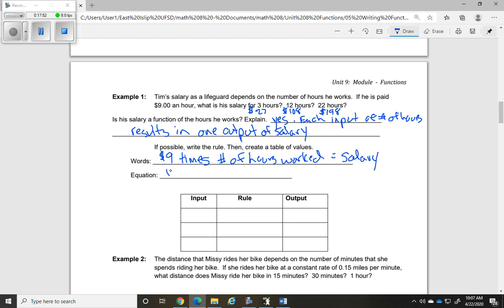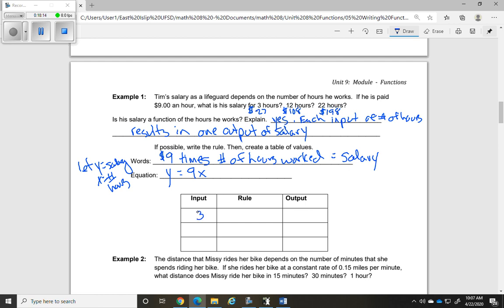So I'm going to use y for salary. x will be the number of hours. So y equals 9 times the number of hours. That's it. And we can fill in this chart even with the numbers up above.